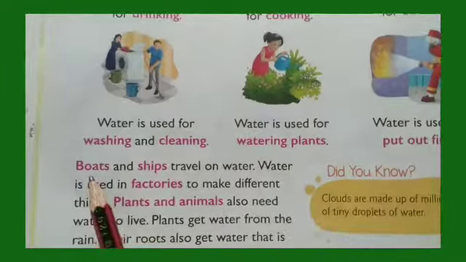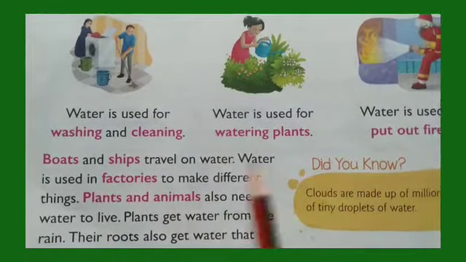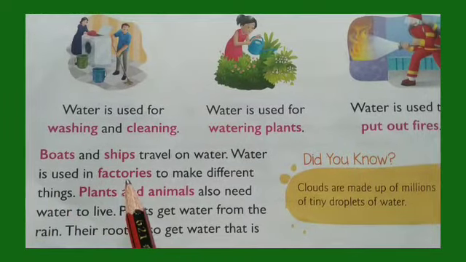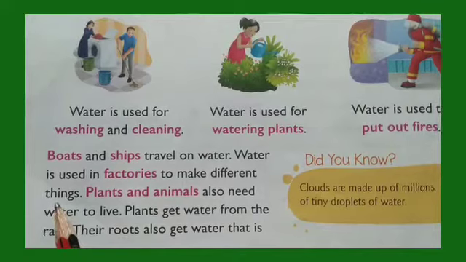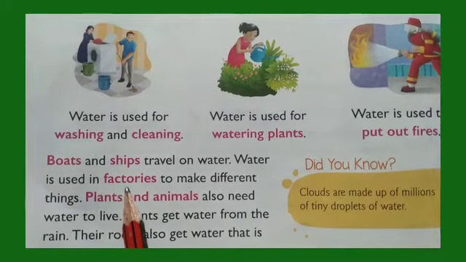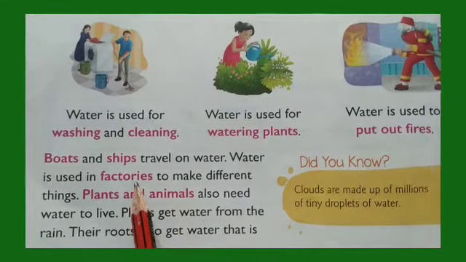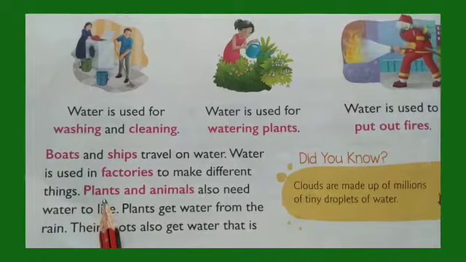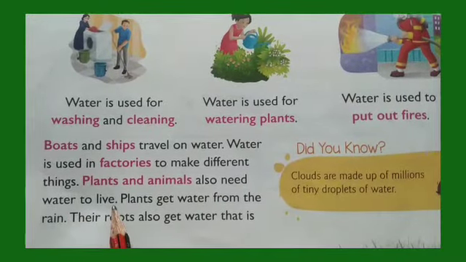Fine. So, boats and ships travel on water. Water is used in factories to make different things. So, not only we use water for drinking and watering plants, but also in big factories they need water to manufacture things, right? So, plants and animals also need water to live.